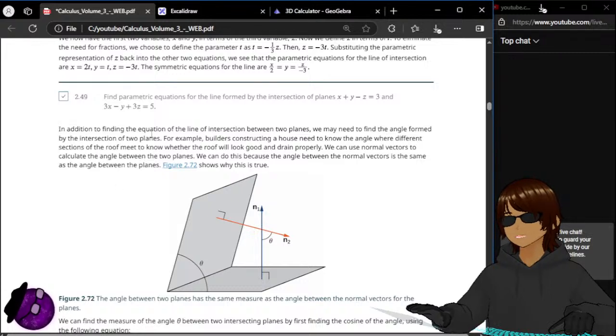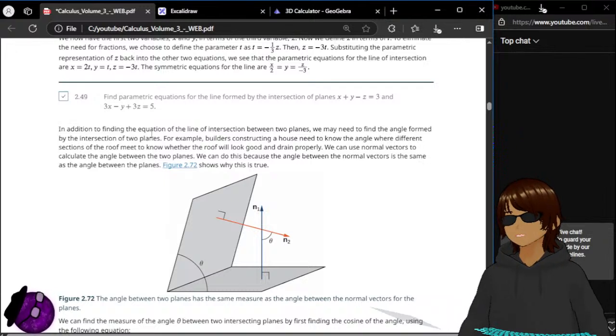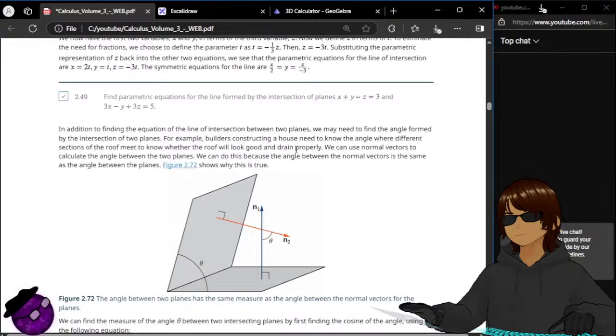In addition to finding the equation of the line of intersection between two planes, we may need to find the angle formed by the intersection of two planes. For example, builders constructing a house need to know the angle where different sections of the roof meet to know whether the roof will look good or drain properly. We can use normal vectors to calculate the angle between two planes. We can do this because the angle between the normal vectors is the same as the angle between the planes.